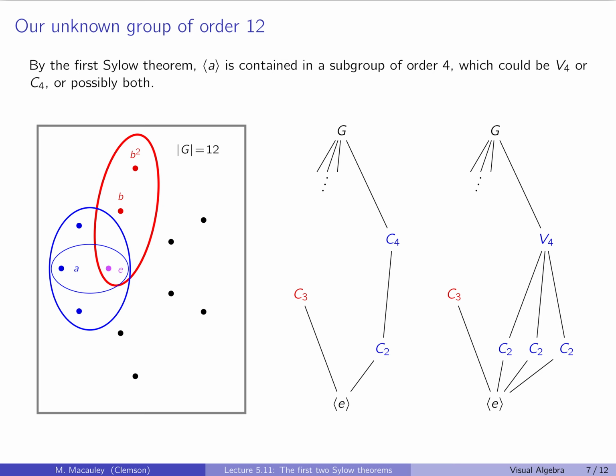Let's return to our unknown group of order 12. By the first Sylow theorem, this element A is contained in a subgroup of order 4, which could be V4 or C4, or maybe G's got both. So we have this motif or that motif in the lattice, and then we know we have a C3 subgroup as well.